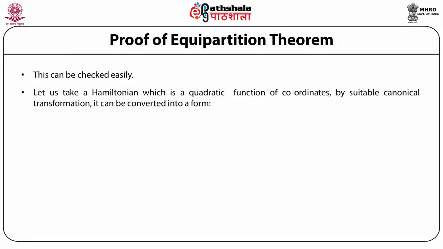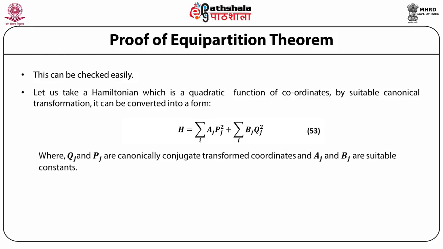Let us take a Hamiltonian which is a quadratic function of coordinates. By a suitable canonical transformation, it can be converted into the form H is equal to the summation over j of aj pj squared plus the summation over j of bj qj squared, where qj and pj are canonically conjugate transformed coordinates and aj and bj are suitable constants.